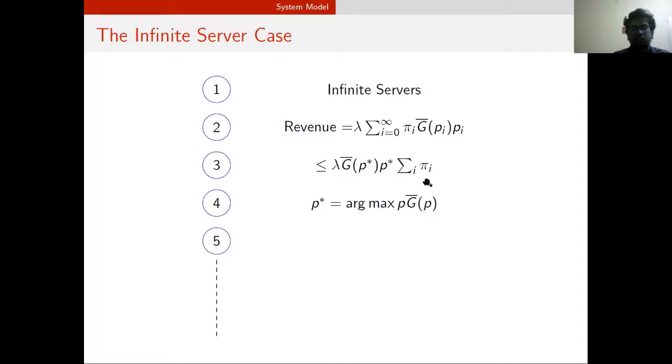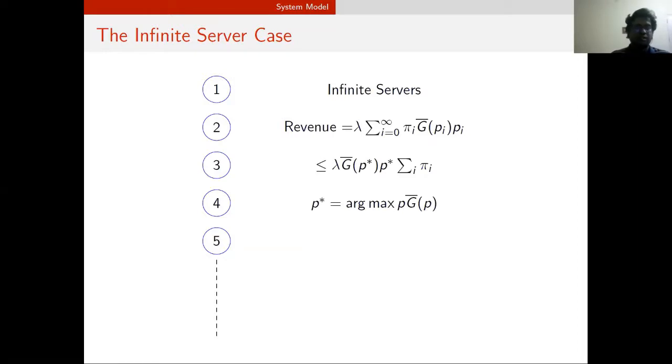So what follows from this equation is that in the infinite server case, the optimal price is this price, and it's the same price that you have to charge for every server. So in the case of having infinite servers, the optimal pricing is not differential, it is uniform across servers.